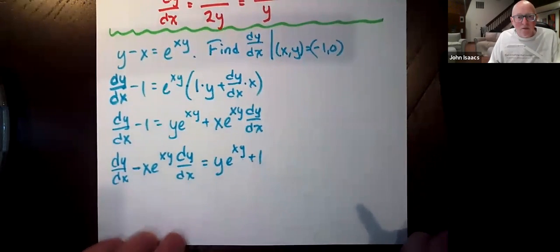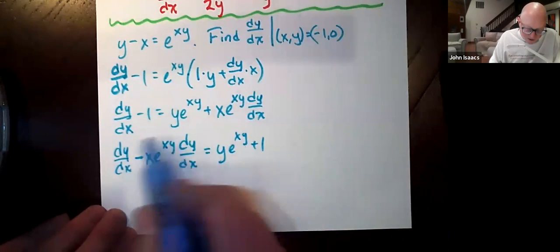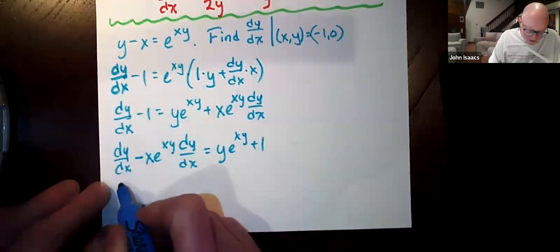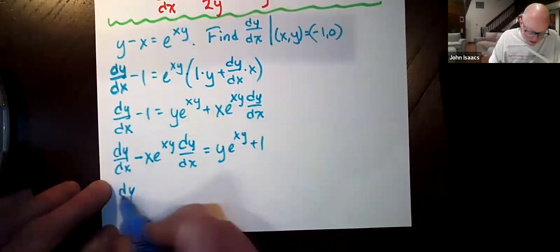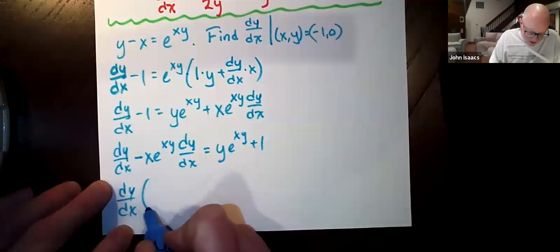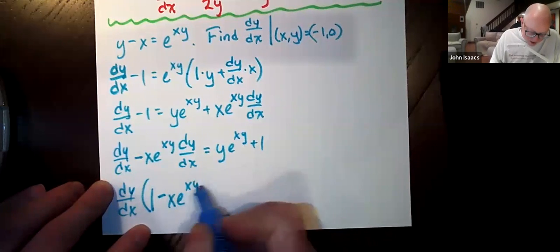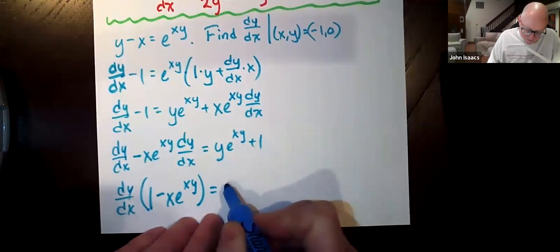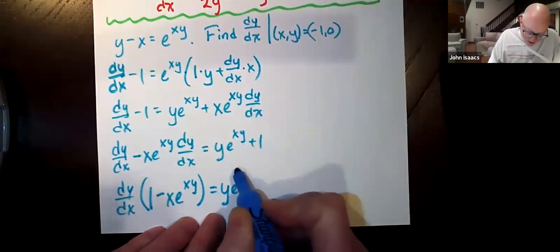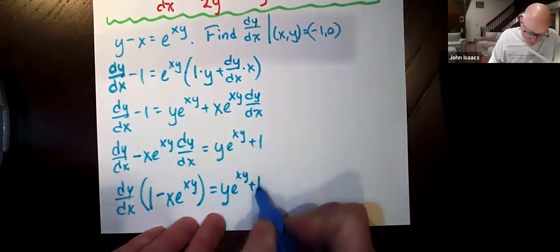Okay, so now we have to factor out the dy/dx. So dy/dx times 1 minus x e to the xy equals y e to the xy plus 1.